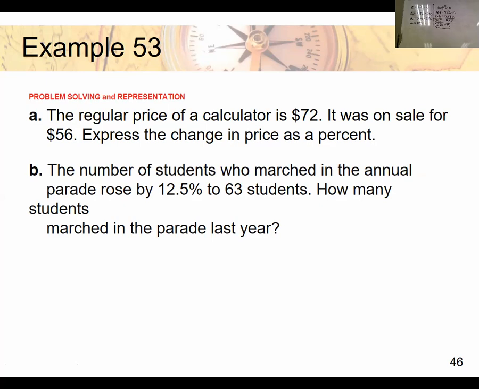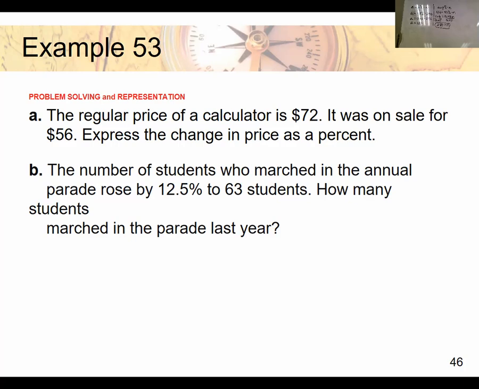These are just a couple of examples here. The regular price of a calculator is $72. It was on sale for $56. And we want to express that change in price as a percent. And then the second part is: the number of students who marched in the annual parade rose by 12.5% to 63 students.